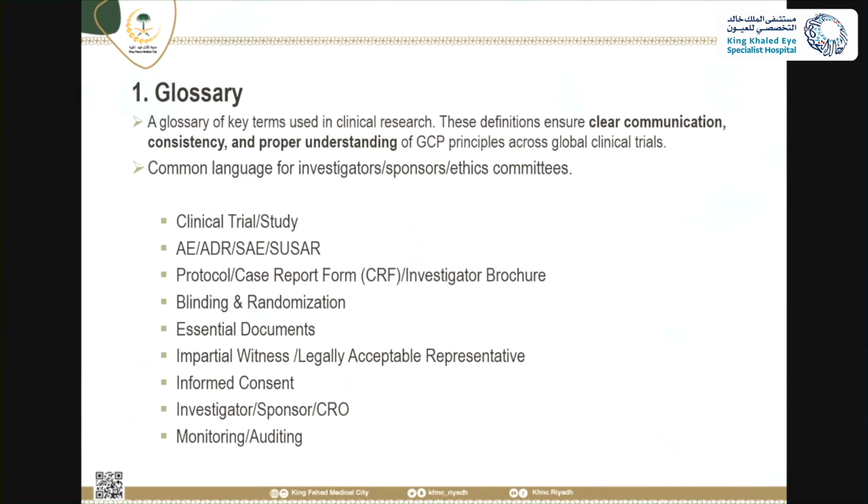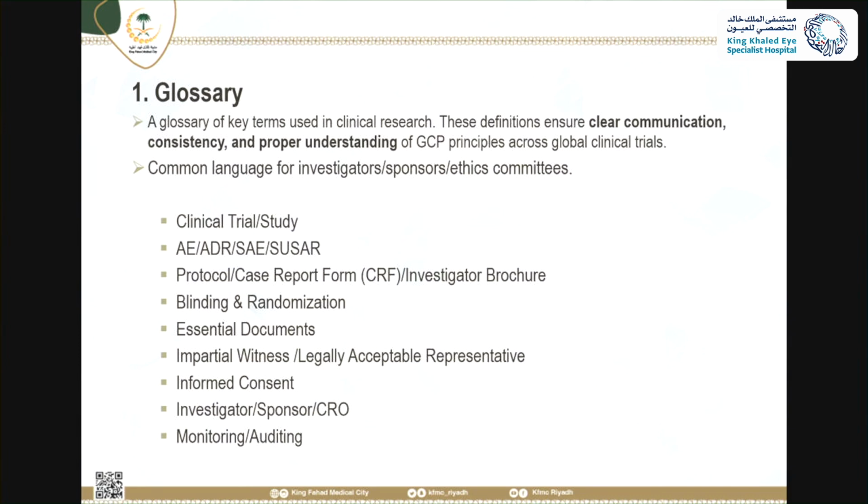And please don't mix this up with the, I don't know what you call it, the incubation for the babies. This is something different from the nursery, and different from the legal guardian concept. So we have a strict definition according to the Saudi regulation of who is the legal guardian. So the GCP, by the way, is a general statement. It should be applied within the context of each country.